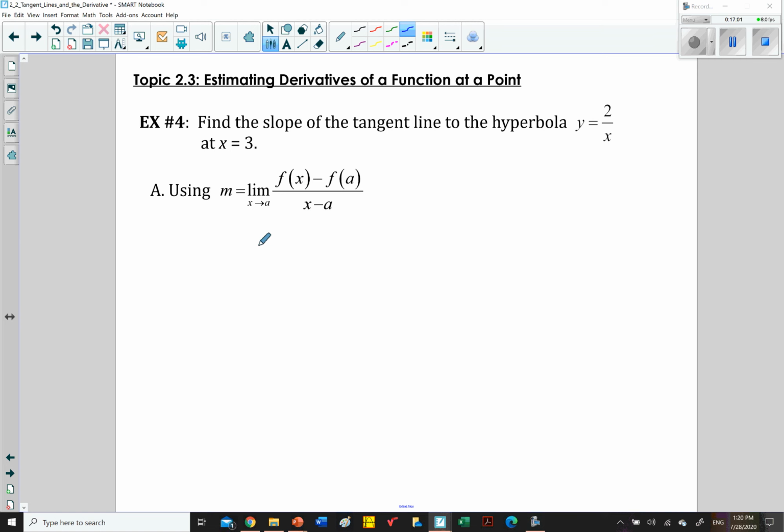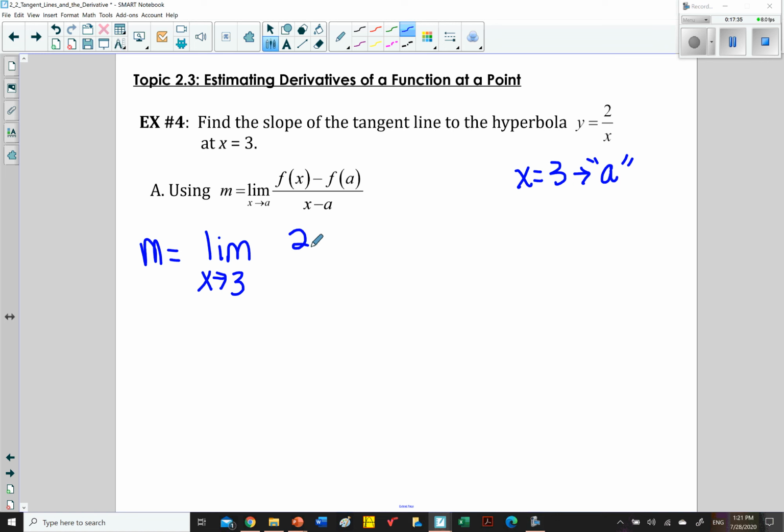So here, example 4, they're asking us to find the slope of the tangent line of this hyperbola 2 over x at the point x equals 3. And we're going to use this formula because they've asked us to. So our a value, when x is 3, that's telling us this is our a value. And we want to go back and substitute. The slope of the tangent line will be the limit as x approaches 3.